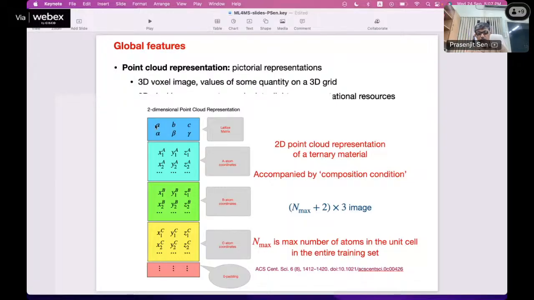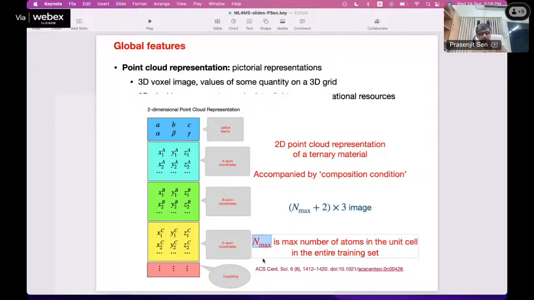And of course, to train a model, the feature vector has to be of a definite size for each of the materials in your training sample. You have defined a maximum number of atoms in your unit cell, which is n max.